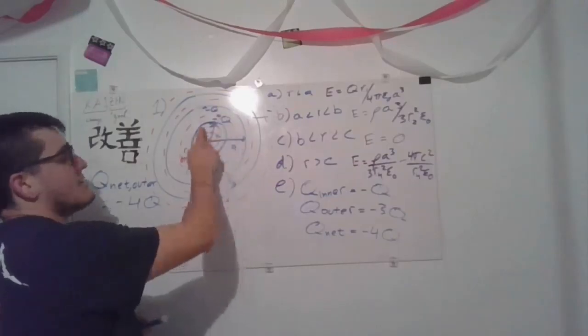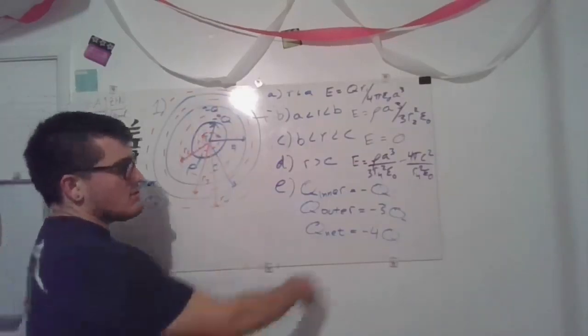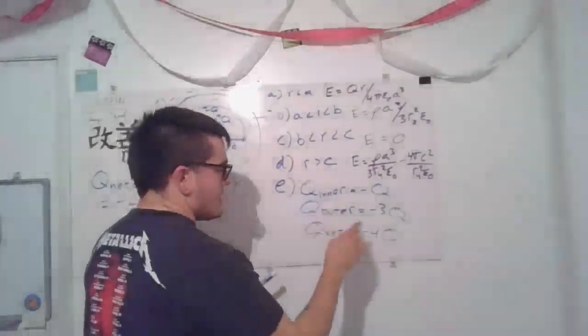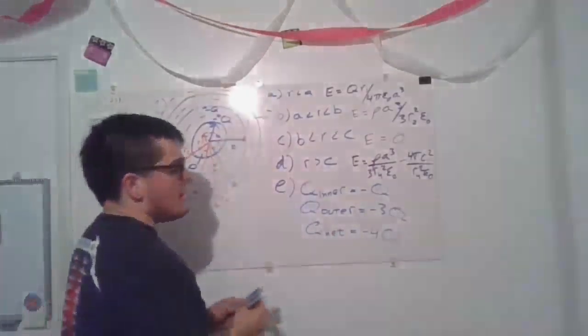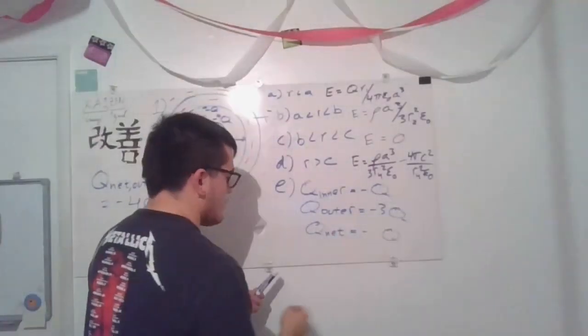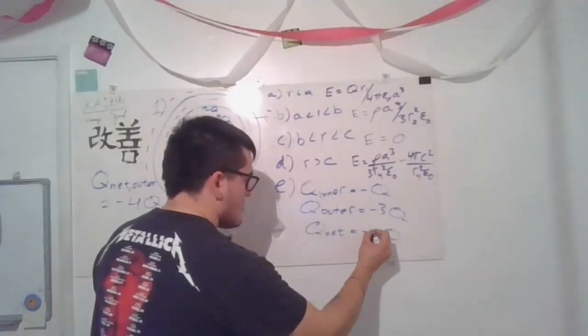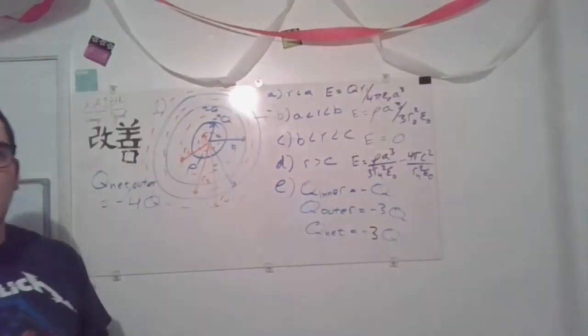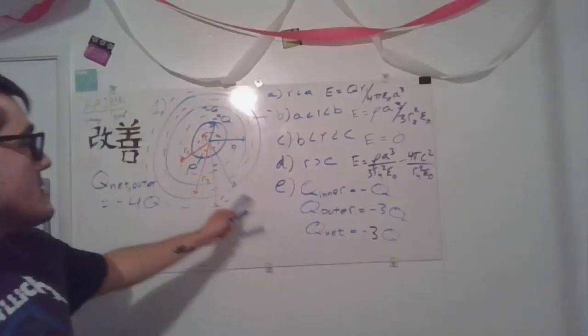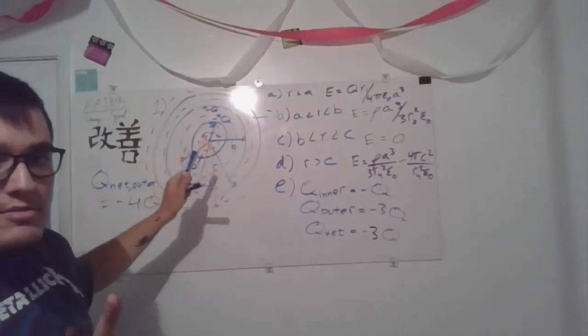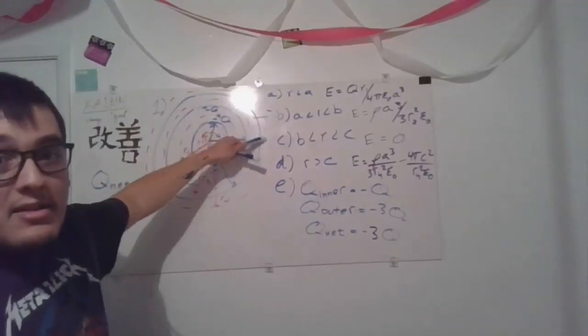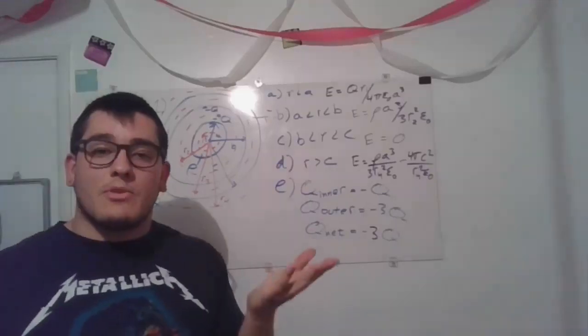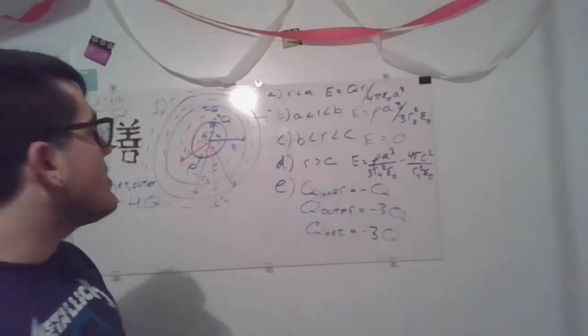But now we have that positive charge Q. So the actual Q net of the entire thing is going to be negative 3Q. Why? Because I'm adding in the smaller one that's Q. And then the net on this is negative 4Q. So negative 4Q plus Q, negative 3Q.